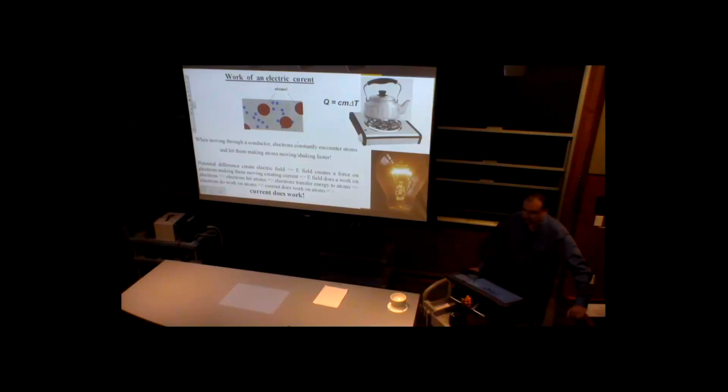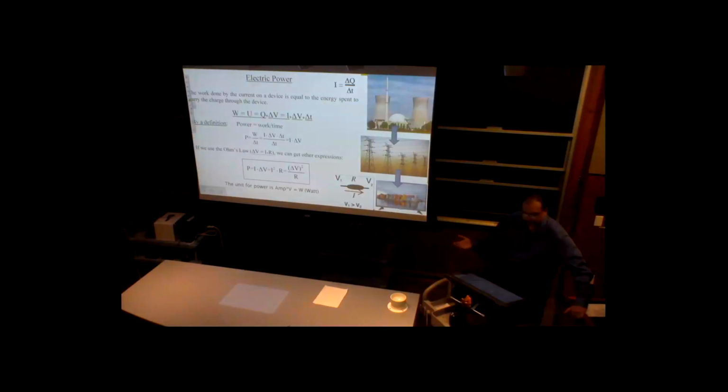Well, as we know, electric current does work, and we use it every day. For example, we use it right now: air conditioning, projector, computer. To calculate the amount of work, we just apply the same equation we've used before.